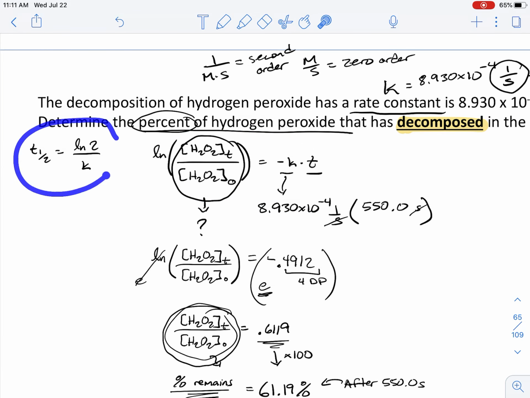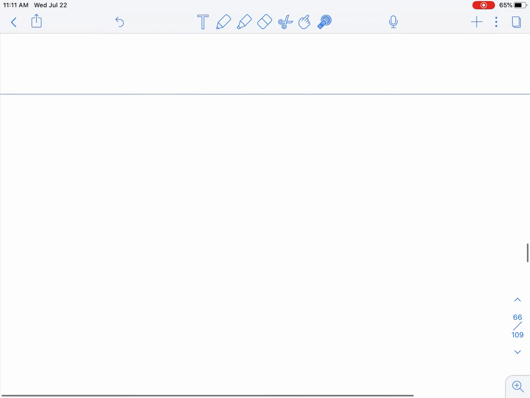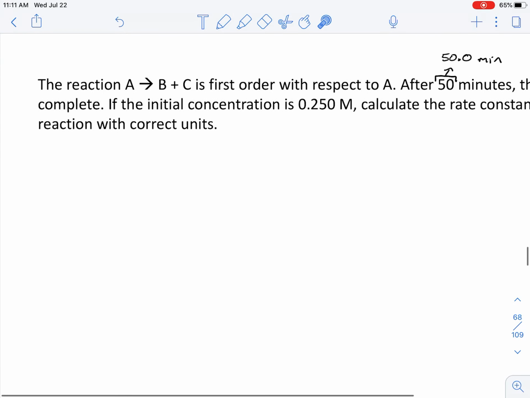You'll know when to use the half-life equation if the question asks you to solve for the half-life, or the rate constant is the only other variable that's missing besides the variable that you're supposed to solve for.